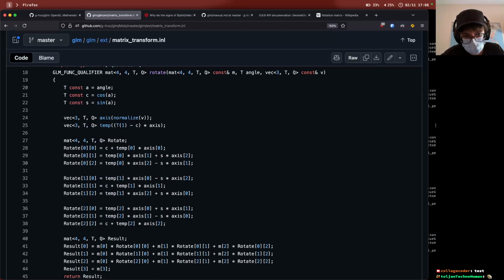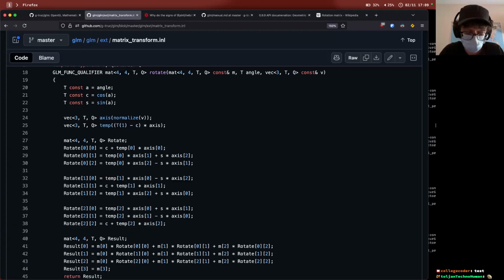So why exactly is that the case? I mean, cosine of pi on 4 is square root of 2 on 2, which is around 0.7. 1 minus 0.7 is around 0.3. 0.3 times the axis should be 0, 0, and then 0.3 times 1 if we're trying to rotate around the z-axis, as we've normalized the vector v, and we end up with 0, 0, 1 if we didn't normalize it previously.